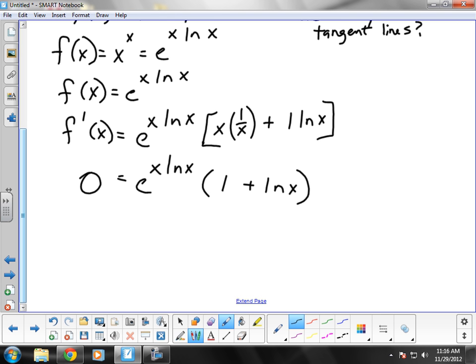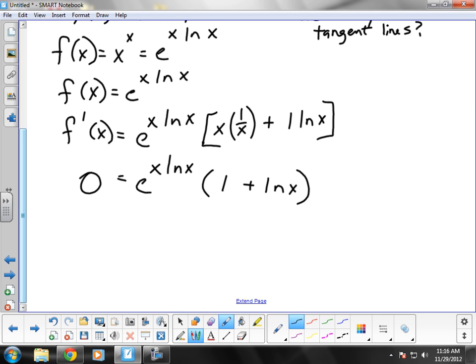So, I've got to solve this. How do I go about solving this? No, this is multiplied by this. I don't want to distribute. It's in factored form right now.